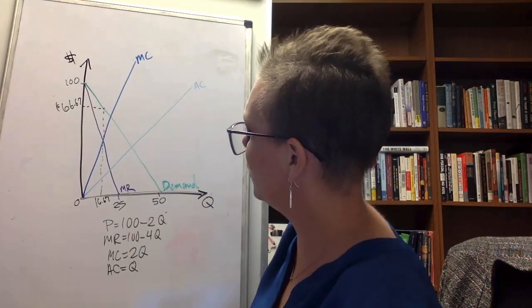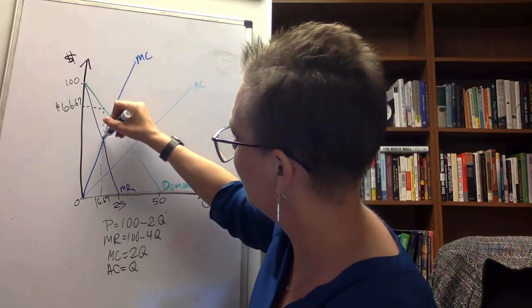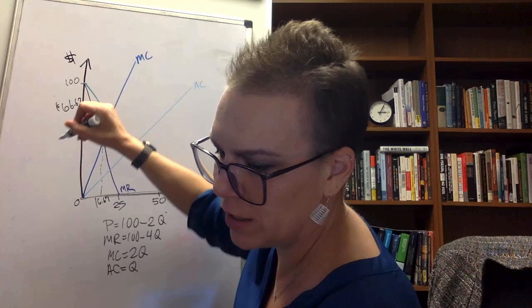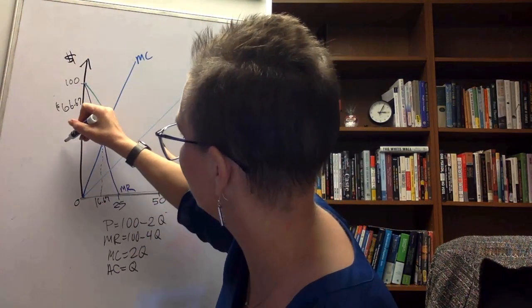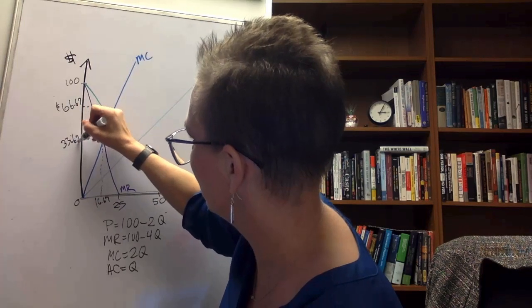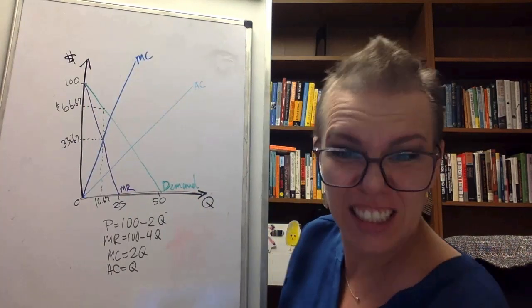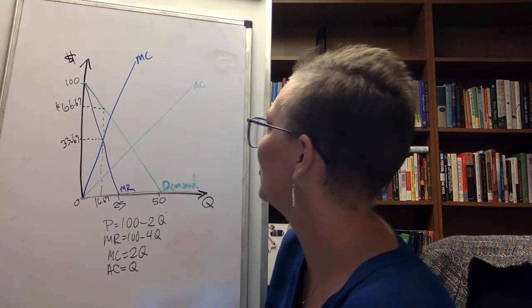And we could go further. We could figure out what marginal cost is at this point. It's going to be 16.67 times 2, or 33.67. If you like measuring things in thirds, then that might be easier at this point, right? So that gives us a lot to work with.